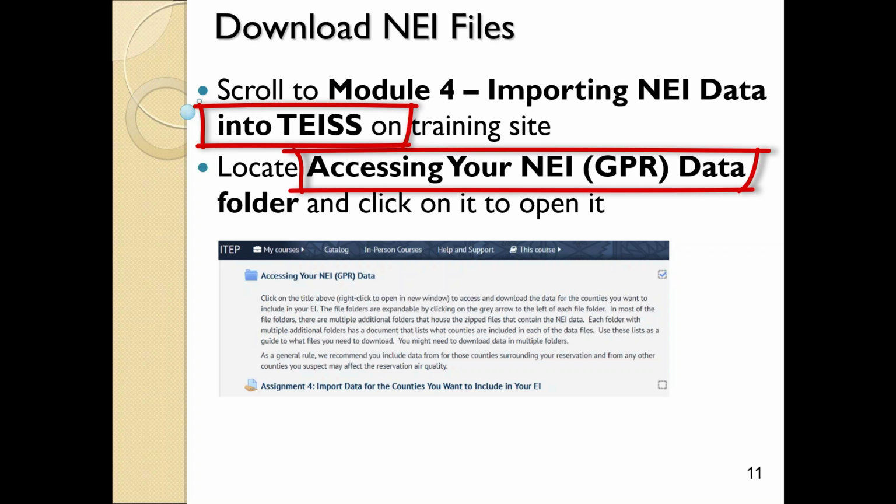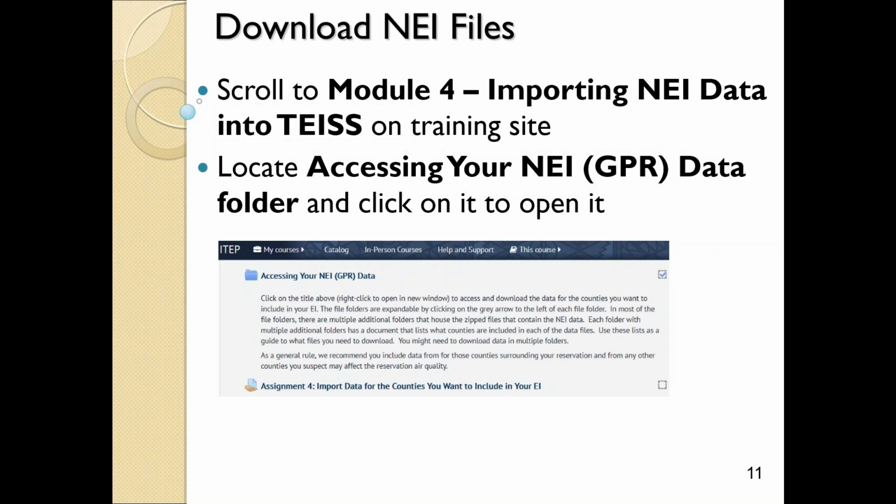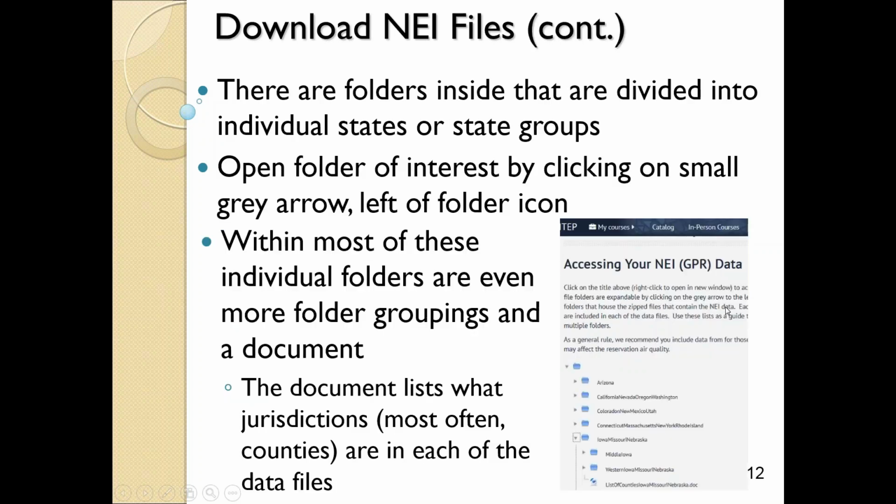That's within that module. So you just need to scroll down until you find that folder, and then click on this folder here to open it up. So within that Accessing Your NEI GPR Data folder, there are a bunch of more folders.